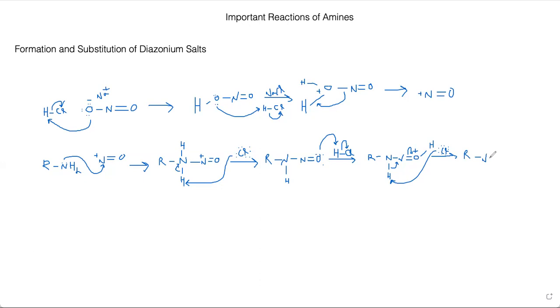So now we've got a double bond between our nitrogens, only a single bond between our nitrogen and our oxygen, and then we have our hydrogen still. So no longer a positive charge there. We've reformed our acid.